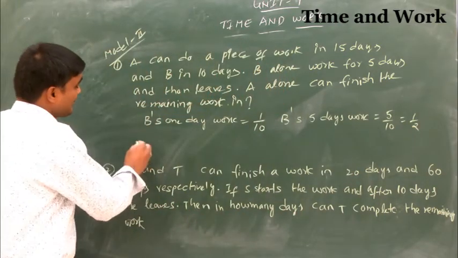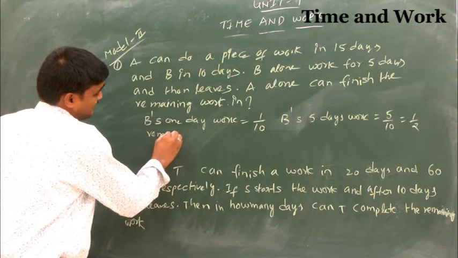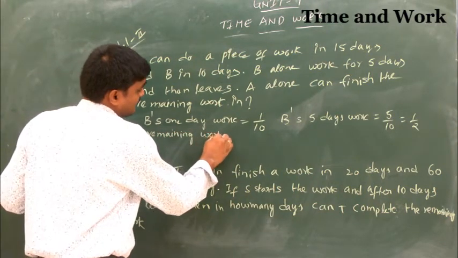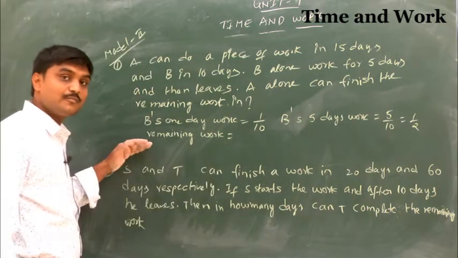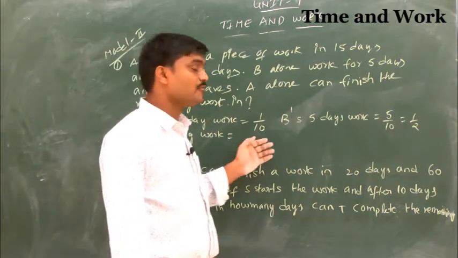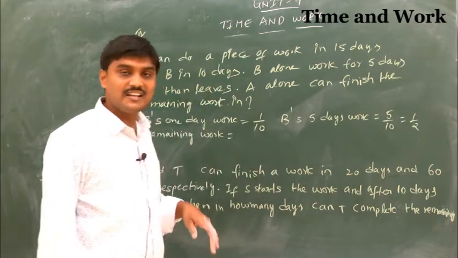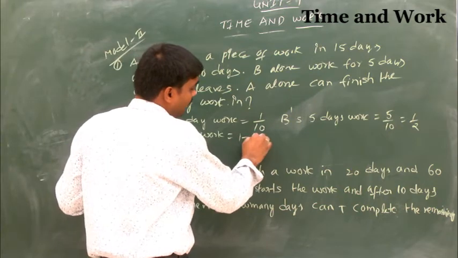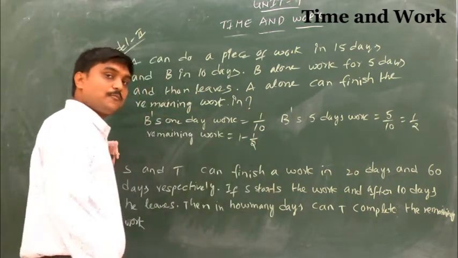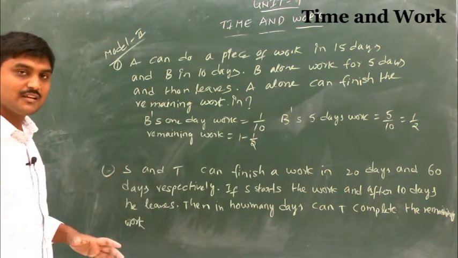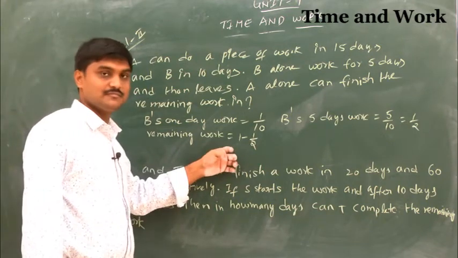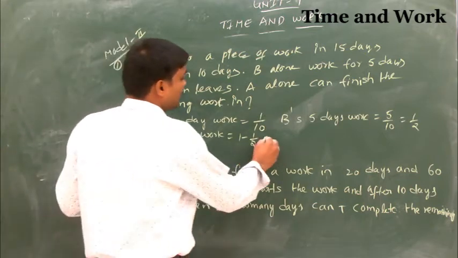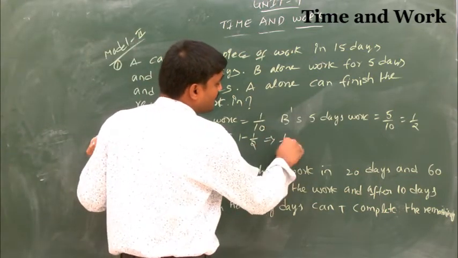So remaining work is, you subtract it from the 1, because for work you can take 1 unit. So that's why you subtract it from 1 minus 1 by 2. Anywhere, if you want remaining work, you subtract it from the 1, because work unit 1 you can take. So that's why remaining work is 1 by 2.